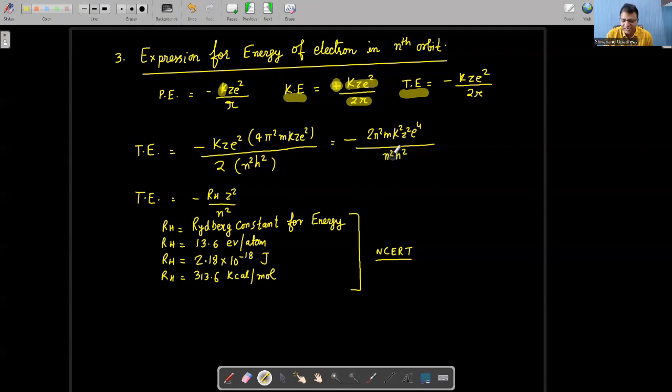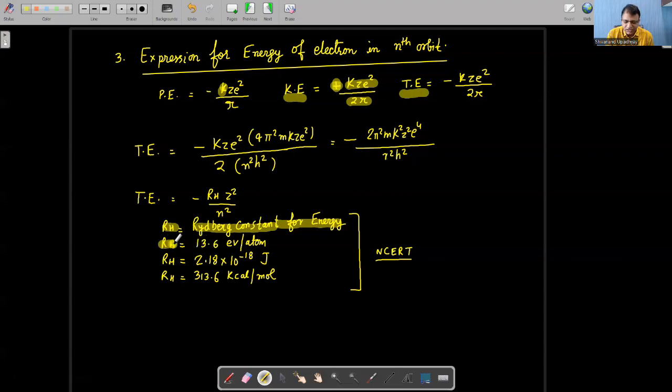If you read NCERT carefully, Rydberg constant is also used for the energy term. So in terms of energy, when we write that the total energy of the electron in the nth orbit for a single electron system is minus 13.6 z square upon n square electron volt per atom, that 13.6 is also the Rydberg constant for energy. This is given in NCERT.